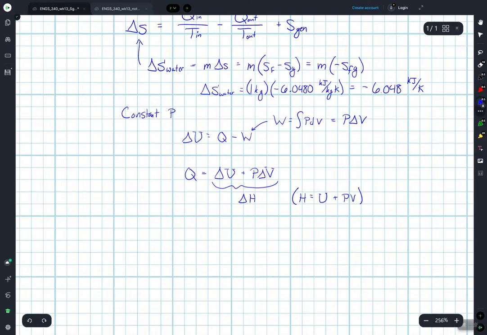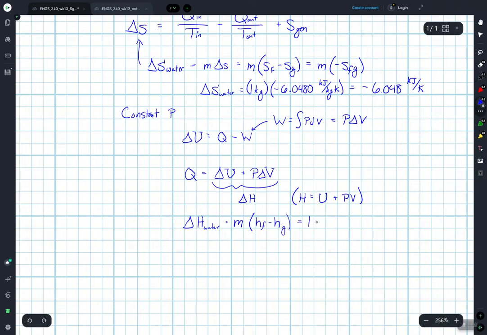So let's calculate what that is. So delta H of the water is equal to the mass, again, times HF minus HG.